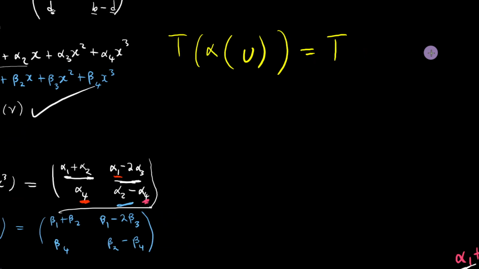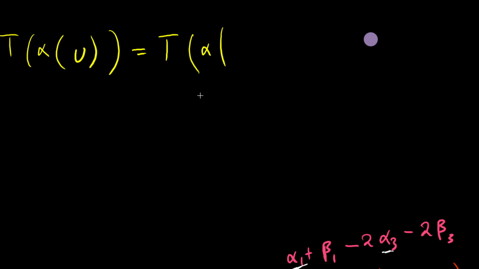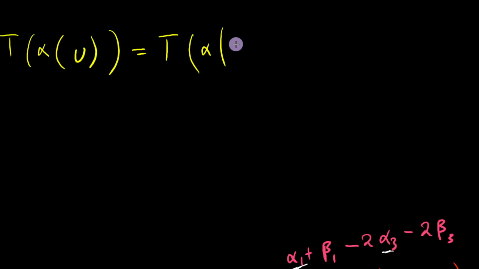Okay. So we say alpha times the vector U, we see that we're going to have alpha times the polynomial alpha 1 plus alpha 2x plus alpha 3 x to the power 2 plus alpha 4 x to the power 3.